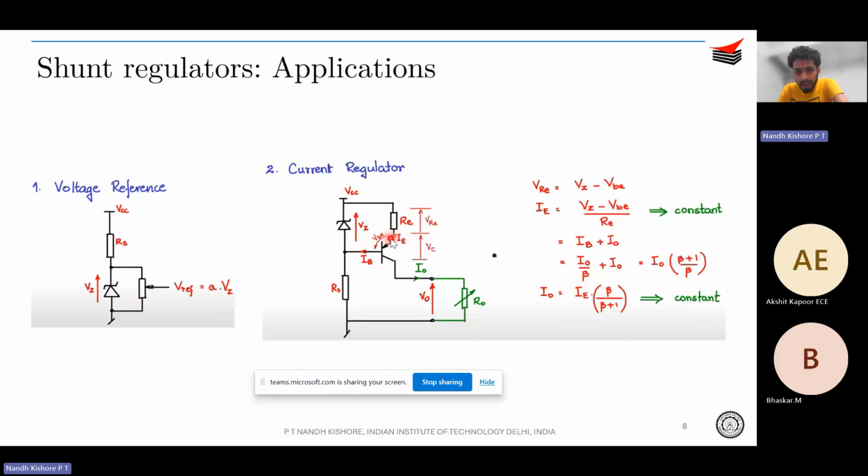Therefore, for a fixed value of RE, IE is going to be VRE by RE, or VZ minus VBE divided by RE, which is a constant, right? Since your emitter current is constant in a BJT, collector current is also constant, and you know the relation, I naught is IE into beta by 1 plus beta. So these are the two applications that you saw, and you came to the series regulator.